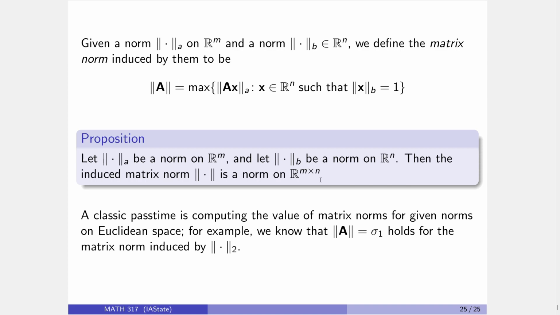I will conclude by noting that an absolute classic pastime of linear algebra is to compute the value of a matrix norm. The classic one is that the norm induced by the two norms is in fact the largest singular value. Very famous result. There are all sorts of combinations you can try to compute.